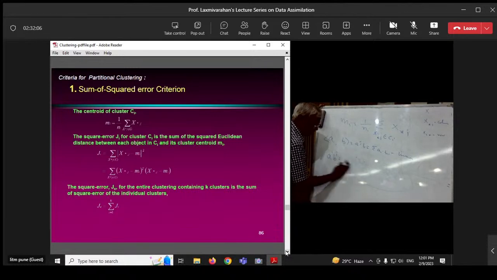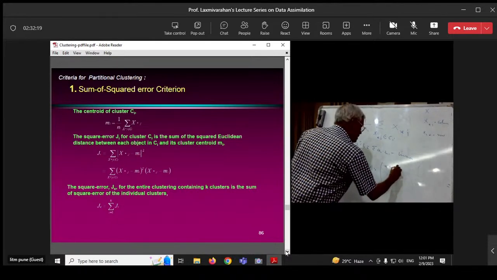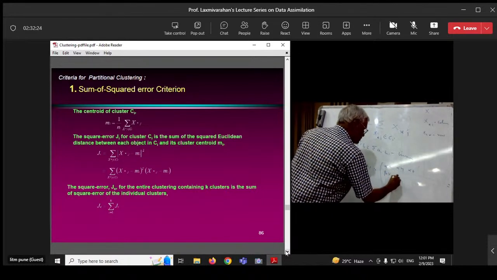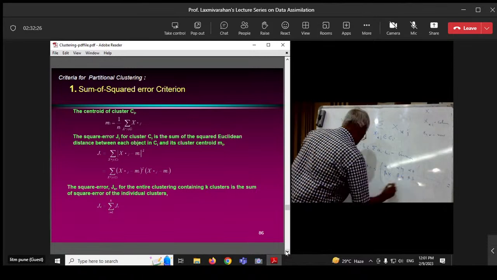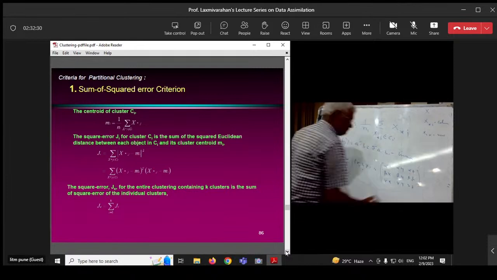I will do the letters now. Alpha, beta, gamma, X, Y, Z. Are you with me, please? And what is that? That is equal to alpha X, alpha Y, alpha Z, beta X, beta Y, beta Z, gamma X, gamma Y, gamma Z. That's called outer product.